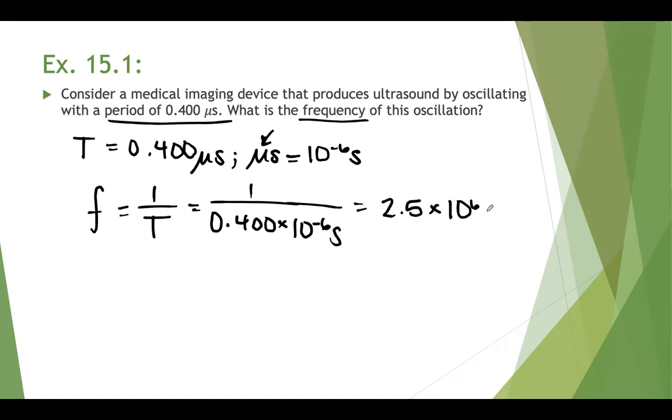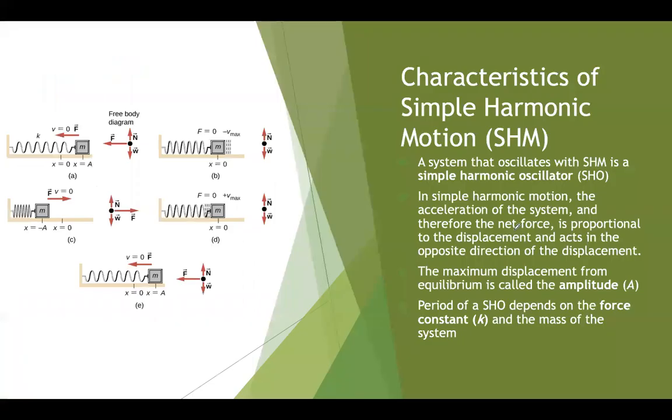And this is in inverse seconds, or 2.5 times 10 to the 6th hertz. Okay, hertz is pretty typical, but if you prefer to write 1 over seconds, whichever works. Okay. All right, so moving on now to the characteristics of simple harmonic motion.